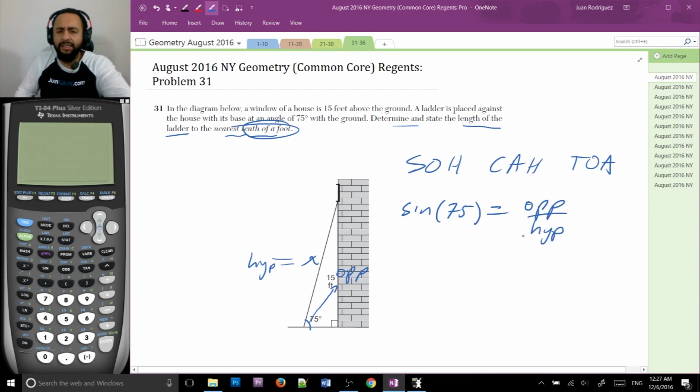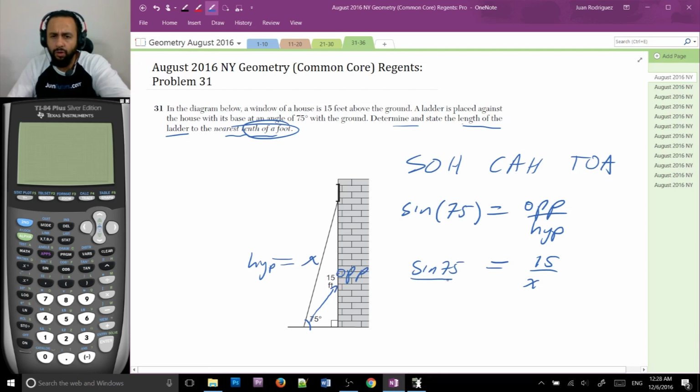They don't want an exact answer for sine. We've made an extra practice problem, so keep that in mind. Okay, so opposite is 15, and hypotenuse is x, and this is sine 75. I'm going to put this over 1 because I know a lot of the kids love cross multiplying when they're solving equations with a variable in the denominator.